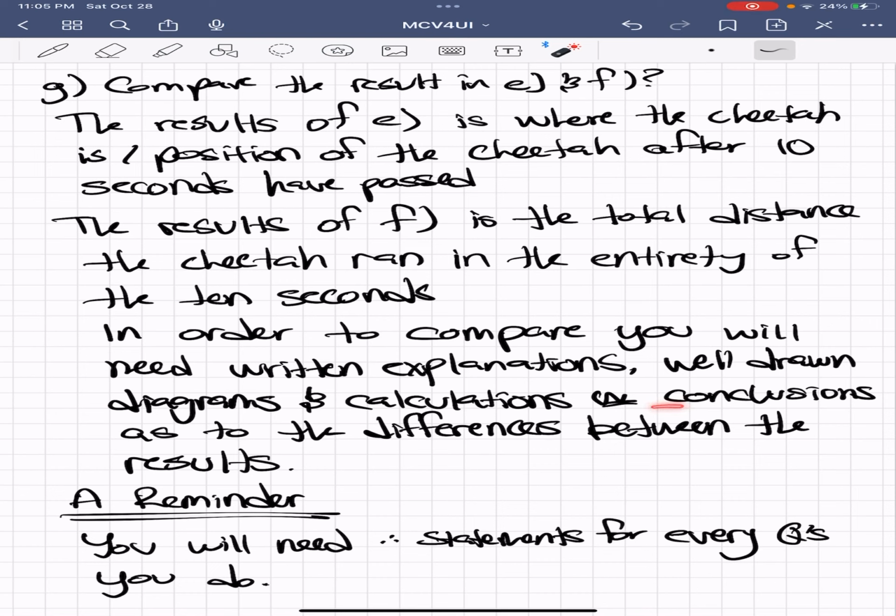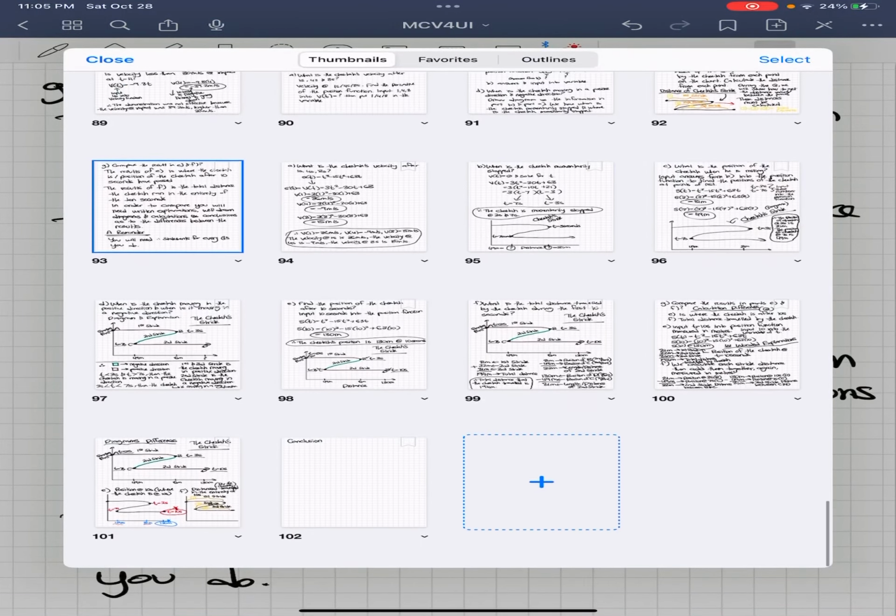We have the calculation with conclusions, we have the well-drawn diagrams, and then we have the written explanations. So our written explanations will be our therefore statement, just referring back to the how-to. So we're on the final step.